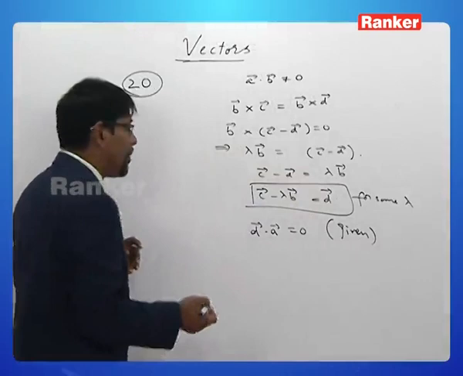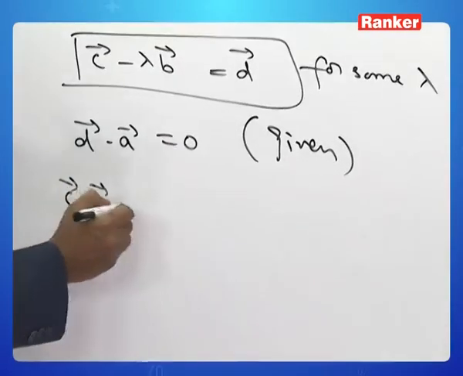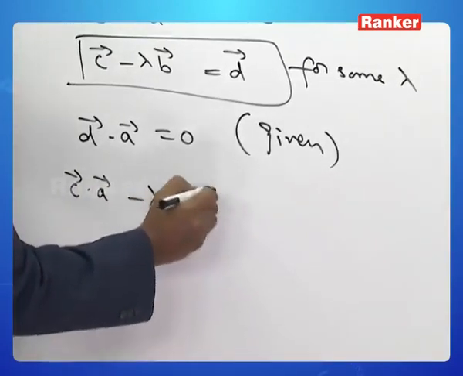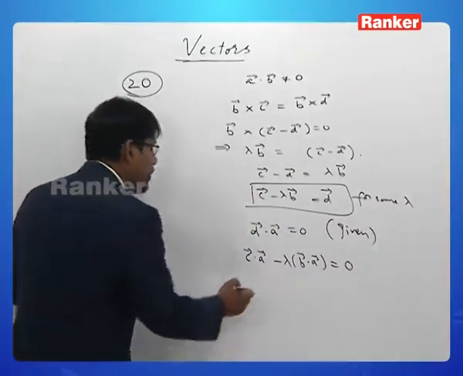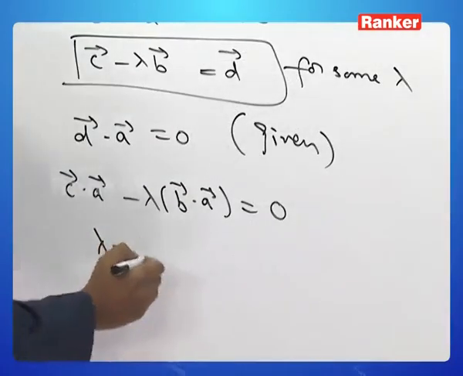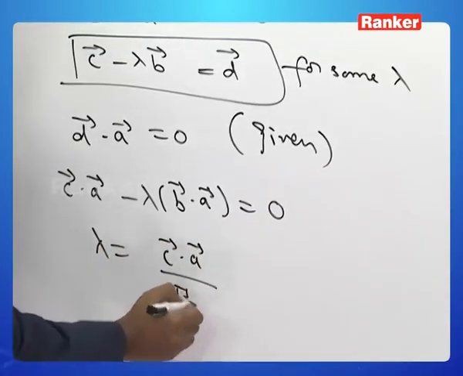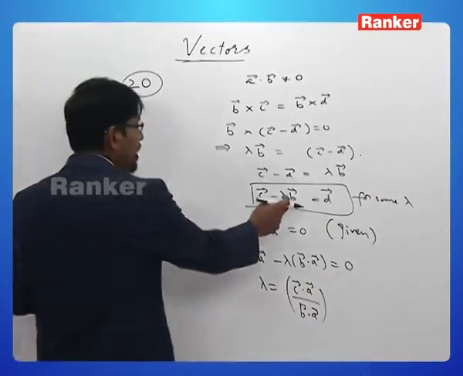So what does that give me? It gives me C bar dot A bar minus lambda times B bar dot A bar is equal to D bar dot A bar, that is 0. Therefore, lambda will be equal to C dot A divided by B dot A. So now we just have to substitute this lambda value here.